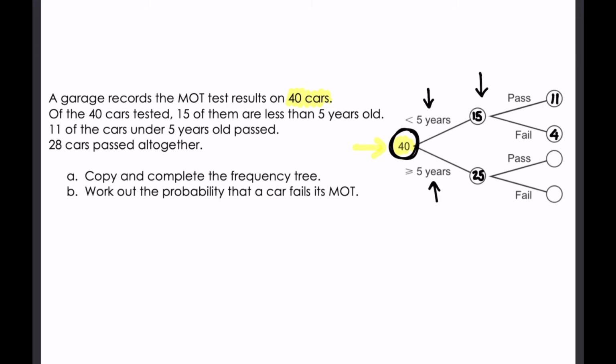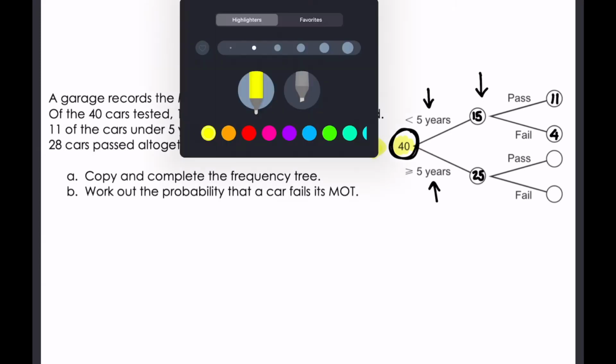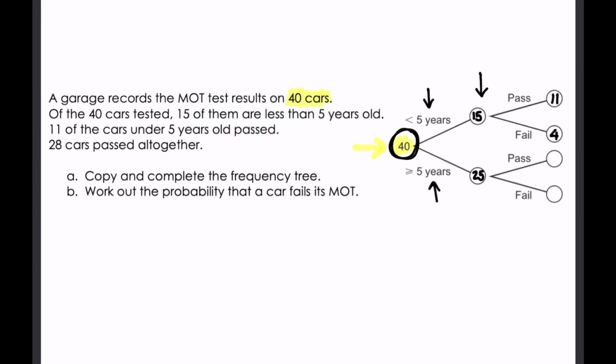Then it says 28 cars passed altogether. So for the passing altogether, it means that these circles need to total 28. We need to know how many of them were less than 5 years old and how many of them were more than 5 years old.